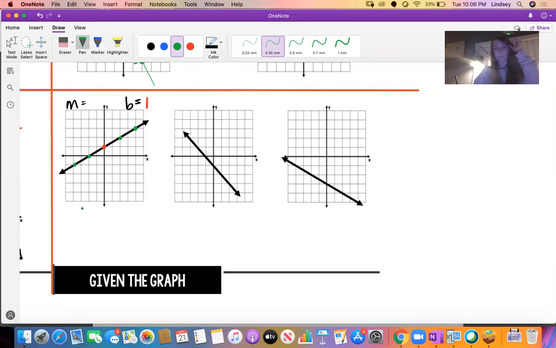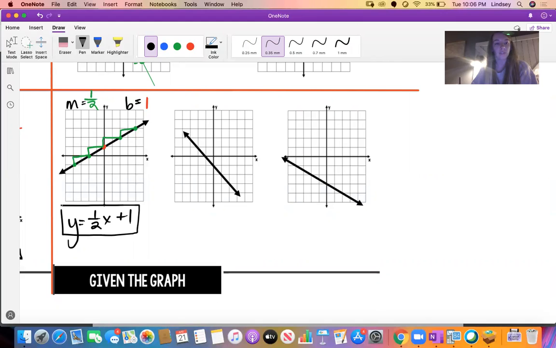And then we want to find that rise and run, how much it goes up and then how much it goes over. So I can see this one's going up 1 over 2, up 1 over 2, up 1 over 2, up 1 over 2. So the slope would be 1/2. All right, so we could just take that all and put it into our formula, and that is what we would get.